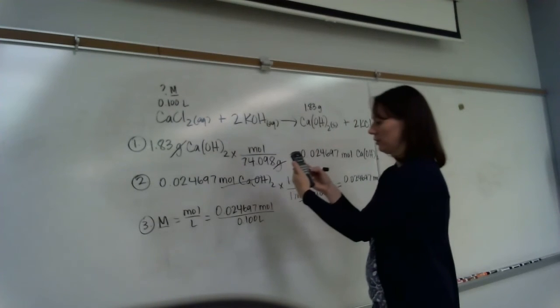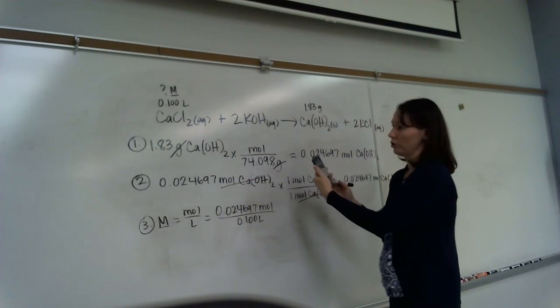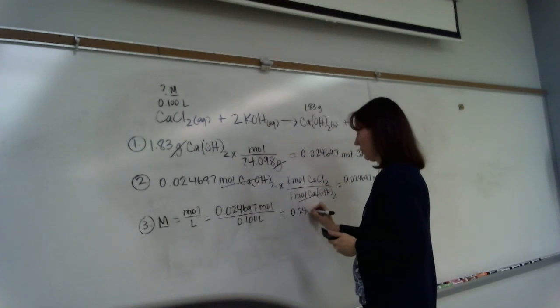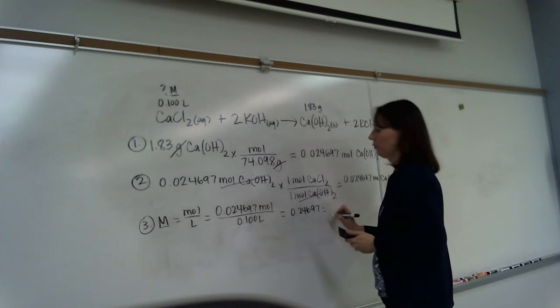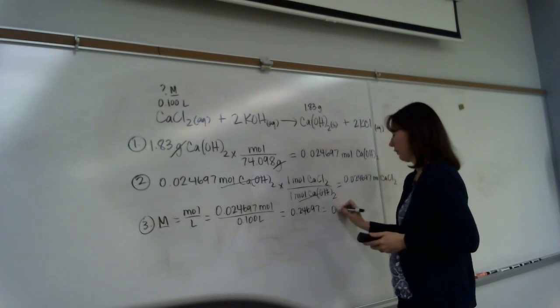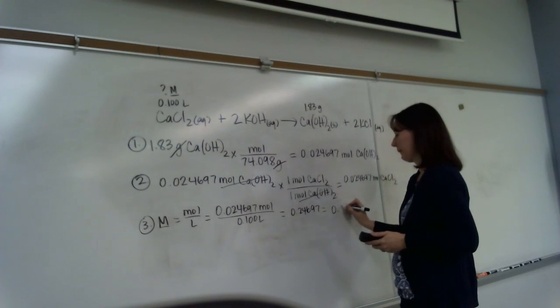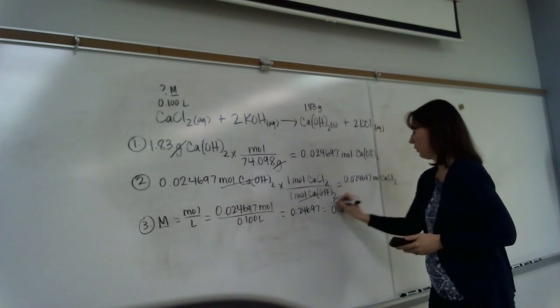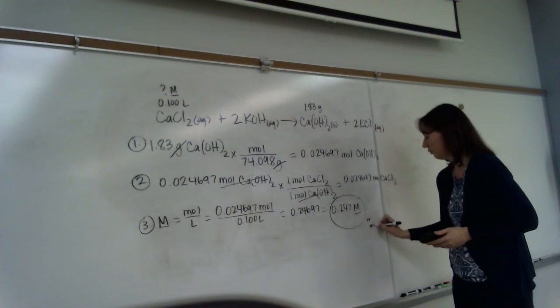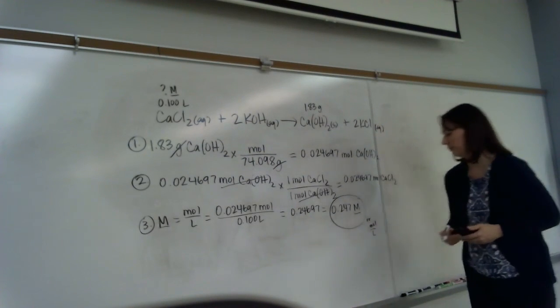So we just take our answer divided by 0.1, or just move the decimal, right? 0.24697, which I then round to 3 sig figs. So what is my final answer when I round it? 0.247. And my units are capital M, or you could have written out moles over liters, either one.